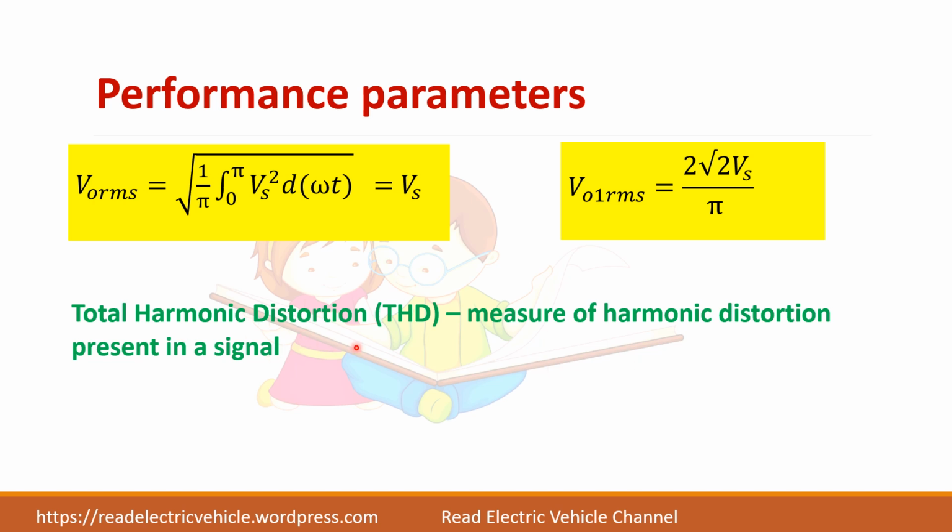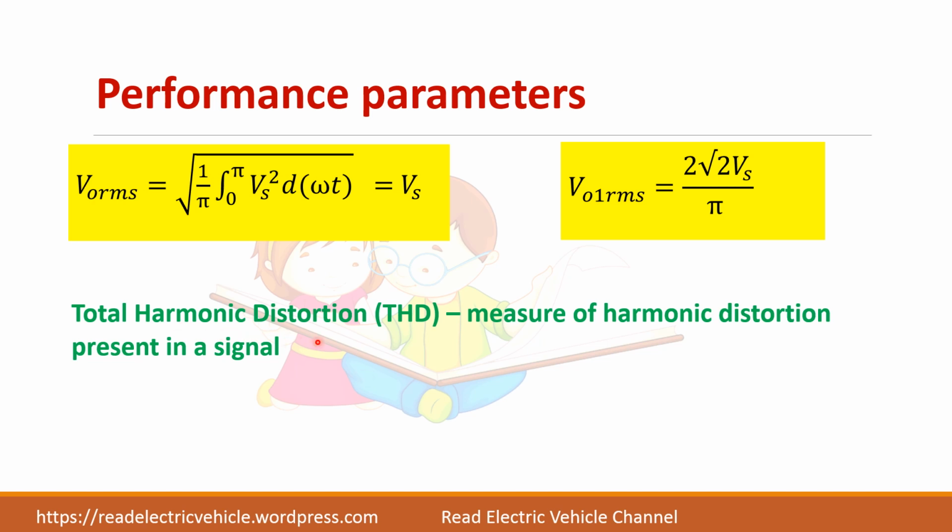This is essential because there are IEEE standards which tell you that only if your waveform has a THD less than say 5%, you can give this to a particular equipment. If THD is a higher value and you give this waveform to a particular equipment, it may damage the equipment. That is what the IEEE standard refers to.